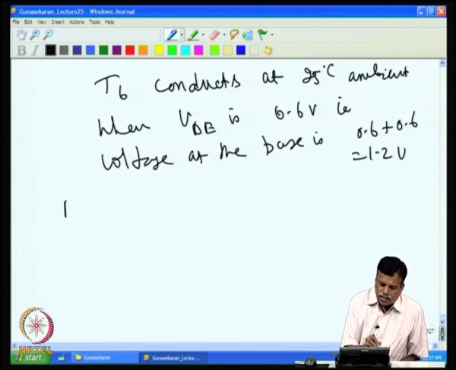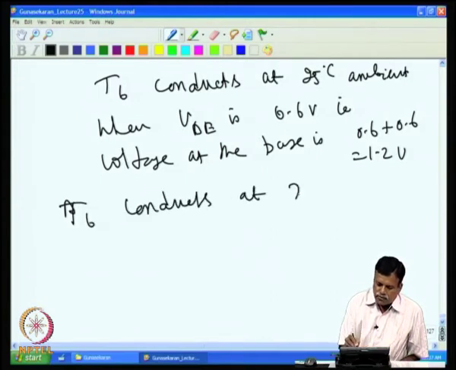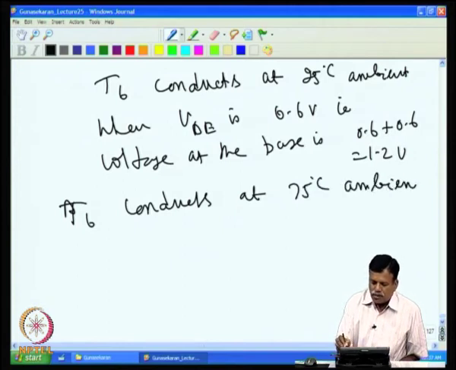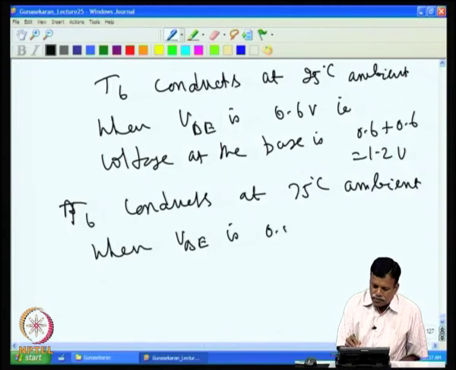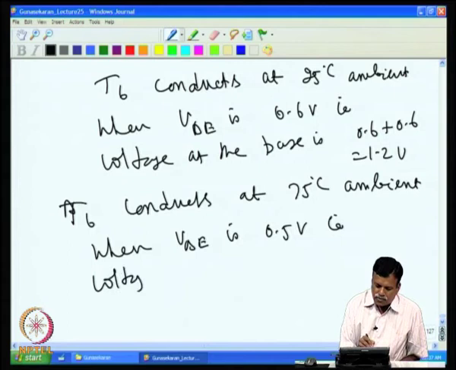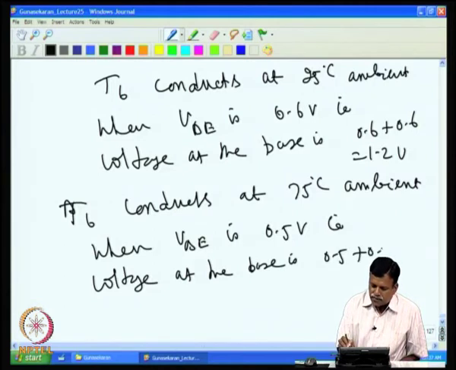Then the same thing, T6 conducts at 75 degree C ambient when VBE is 0.5 volt, that is, voltage at the base is 0.5 plus 0.7, which is equal to 1.2 volt again.